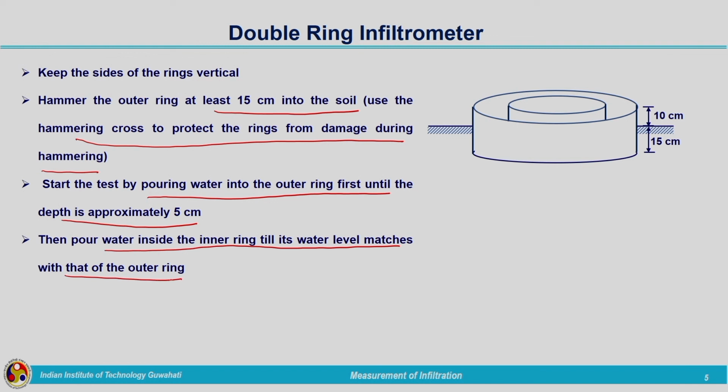The level in both the rings should be maintained the same, because the infiltration taking place into the ground is due to the positive head. The ponding depth, or the water depth allowed on the ground surface, has an influence while infiltration is taking place beneath the ground surface.